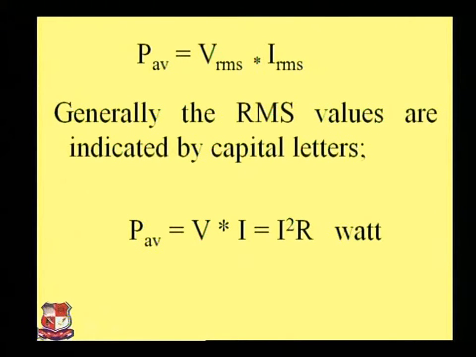Now generally the RMS values are indicated by capital letters. So PAV equals V into I, and V is nothing but IR. So substitute the value of V as IR, and you get PAV equals IR into I. So I into I, that is I square. And so we can write average power equals I square R watt.